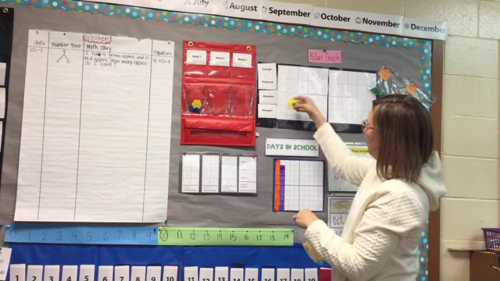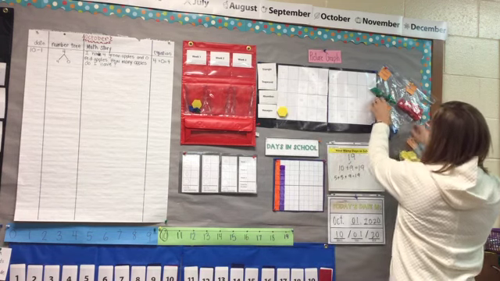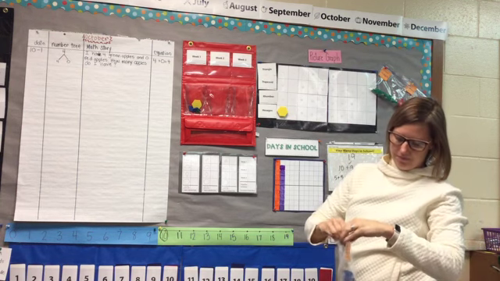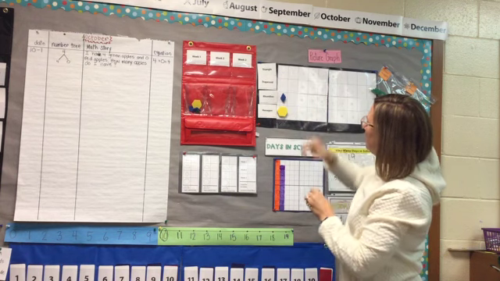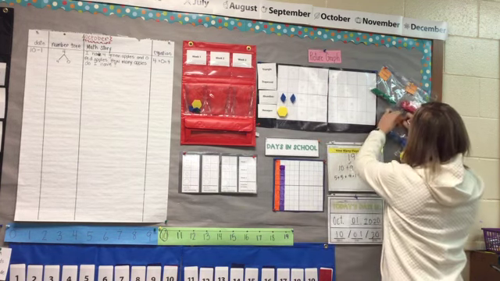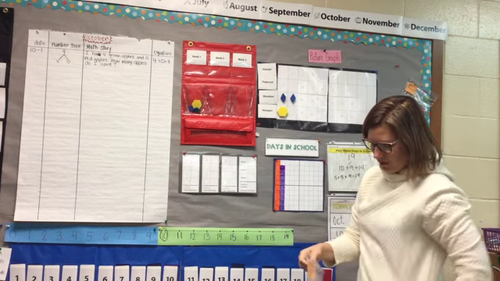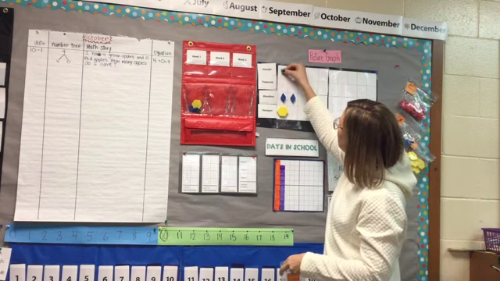So we had 1 hexagon. We had 2 blue rhombuses. So I'm going to Velcro those right on. Okay, blue rhombus. And we had a green triangle. So stick that one up here.